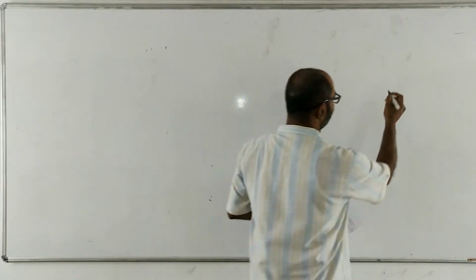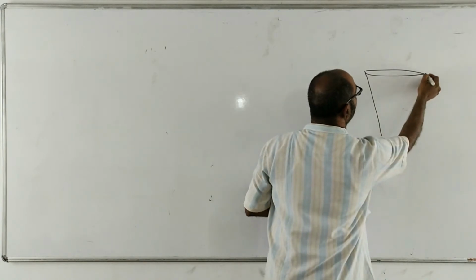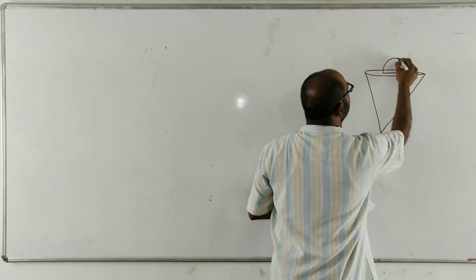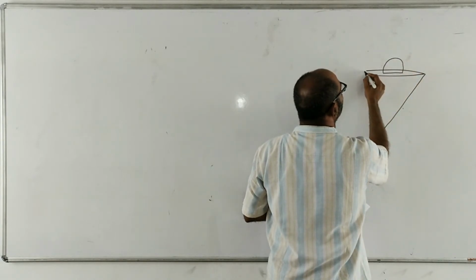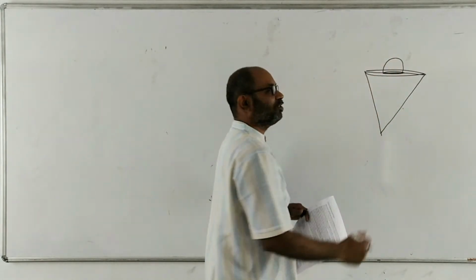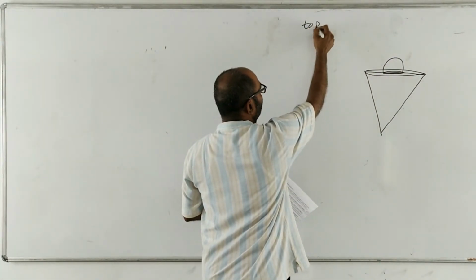All right. Now here is the cone surmounted by a hemisphere. Correct, children? This is the top. There are two words. Top has two meanings.